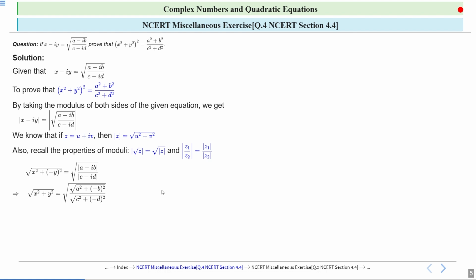So we have square root of (x square plus (minus y) whole square) equals square root of (a square plus (minus b) whole square) divided by square root of (c square plus (minus d) whole square). So simplifying further, we get square root of (x square plus y square) equals square root of (a square plus b square) divided by square root of (c square plus d square).